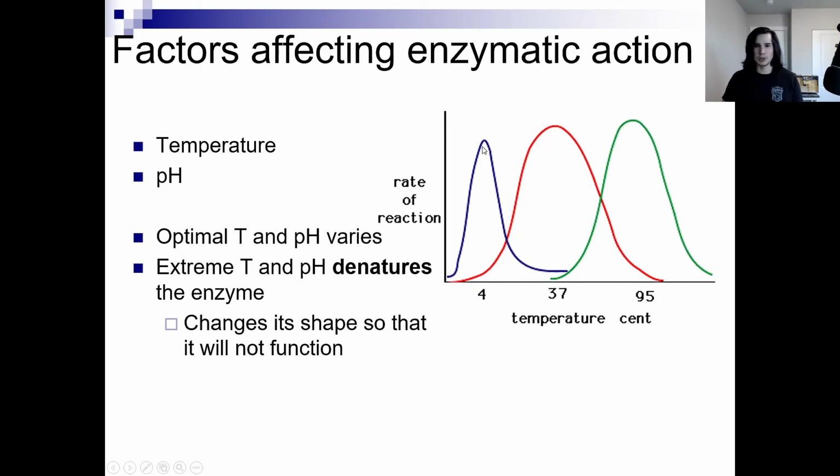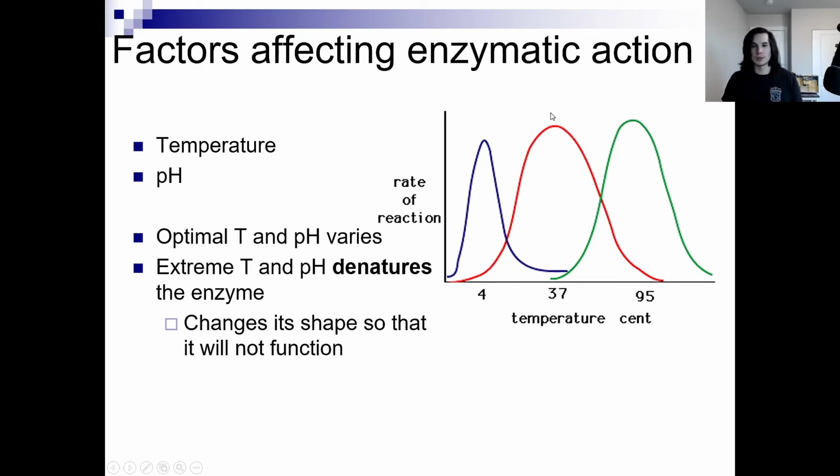So let's say this blue enzyme here functions best at 4 degrees Celsius. So this would probably be an enzyme that we would find in a colder climate. So let's just say an enzyme found in a bacteria that lives in the North Pole. Now here we've got 37 degrees Celsius.